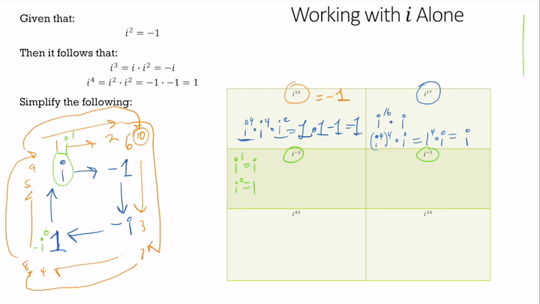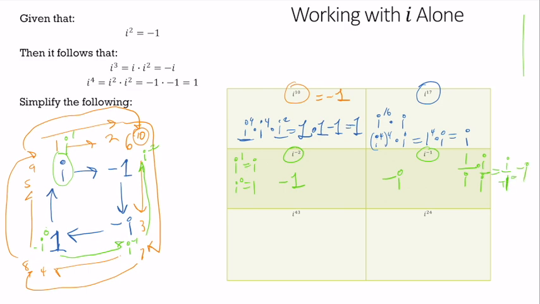So then I can start going backwards. This would be i to the -1. This would be i to the -2. So i to the -2 is -1, and i to the -1 is -i. And I could also have solved this by taking 1 over i and multiplying by i on the top and the bottom. That gives me i over -1, which is -i, but I didn't want to do that.